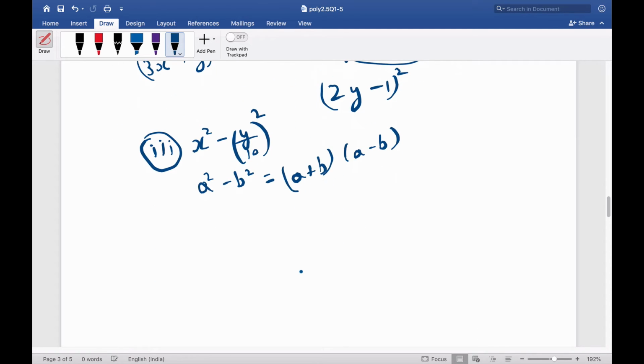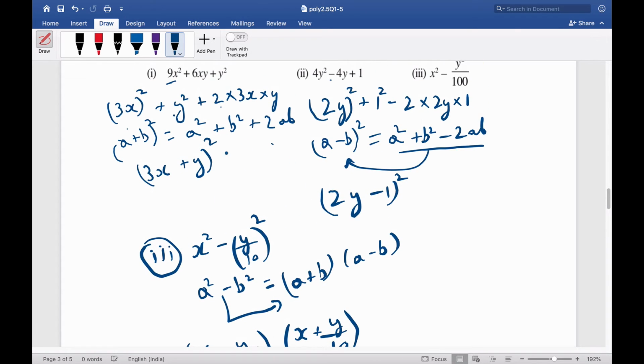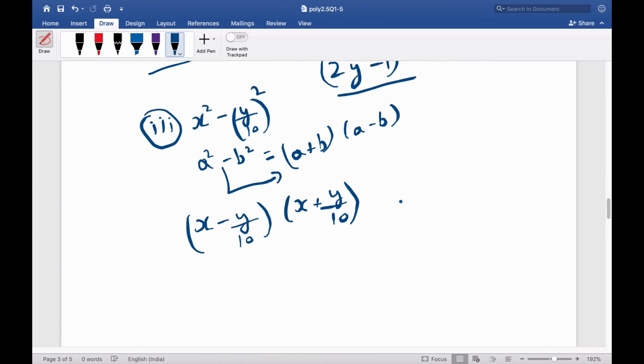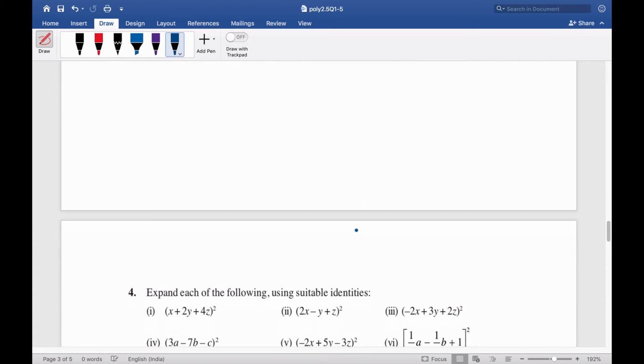So let's write it in the correct form. I have this, so it will get converted to this. I will get x minus y upon 10 into x plus y upon 10. So you can check the three answers now. First one is this, second is this, and the third one is this. We have completely factorized all three.